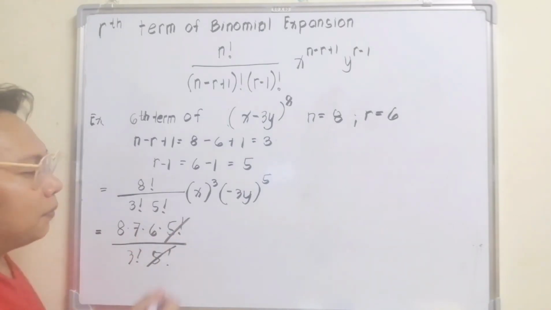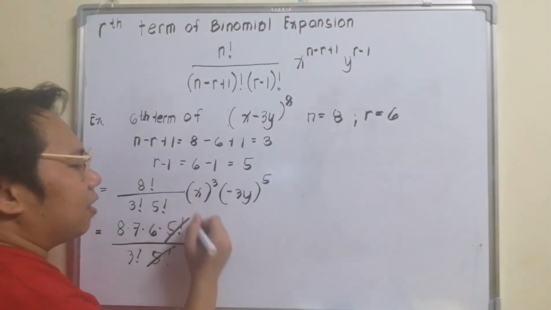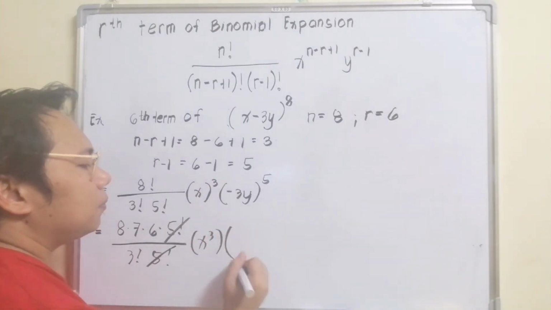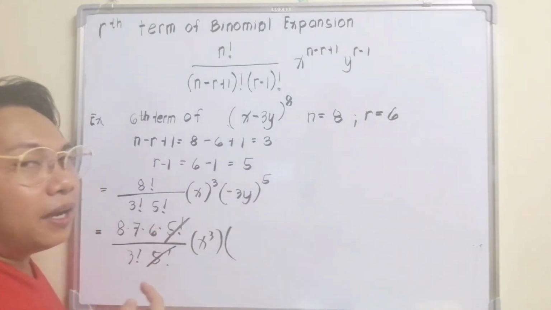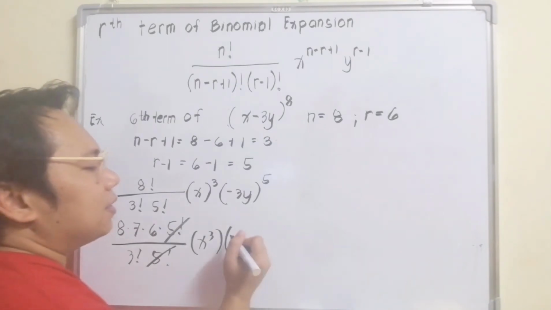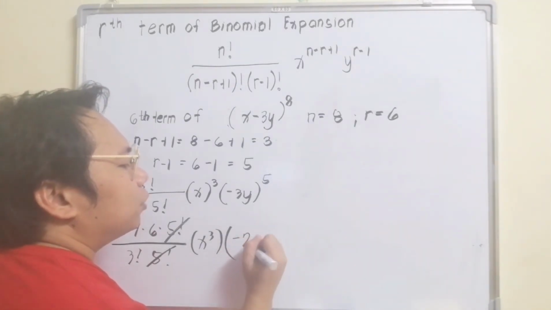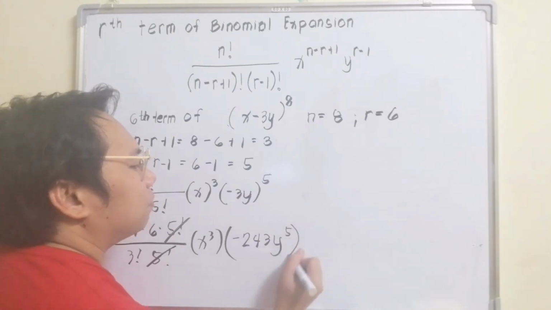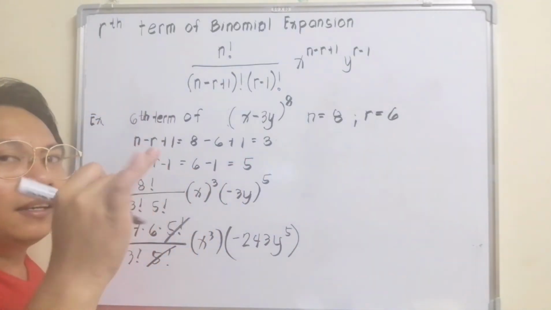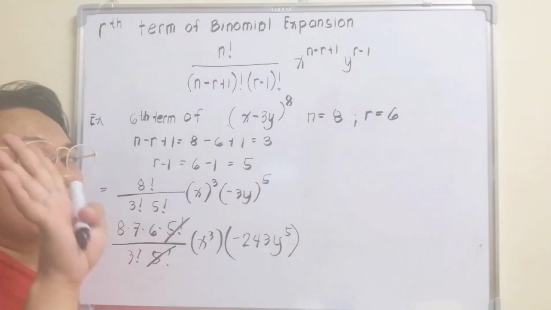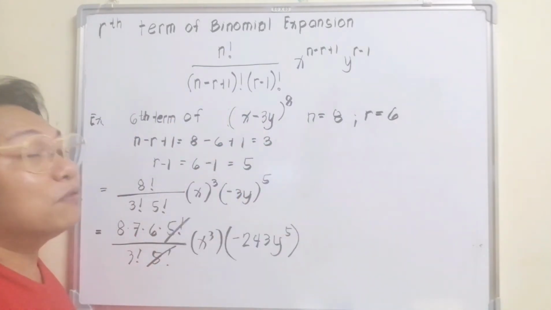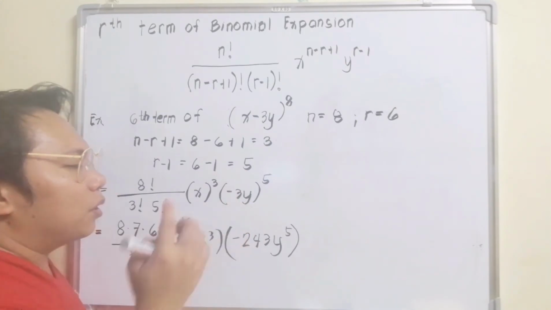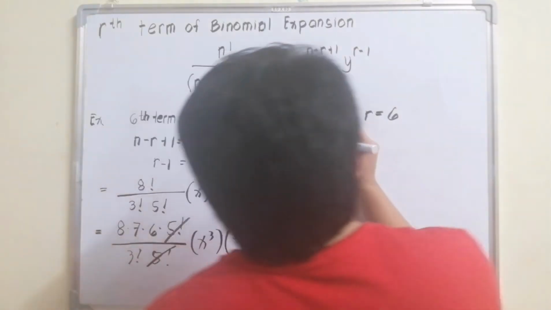Okay, so you have again, x to the power of 3 is x cubed. And negative 3y raised to the power of 5 is equal to negative 243y to the power of 5. That's 3 times 3, 9, times 3, 27, times 3, 81, times 3, 243. And since the exponent is odd and the base is negative, therefore we have negative.